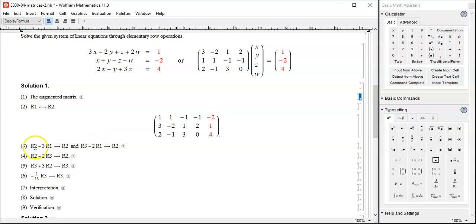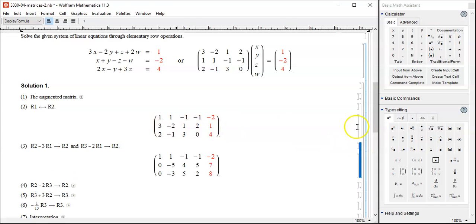And now R2 minus 3 times R1 and then put it into R2. So multiply 3 to this entire first row, and then subtract it from R2. That's actually a combination of several elementary row operations. But here we go.